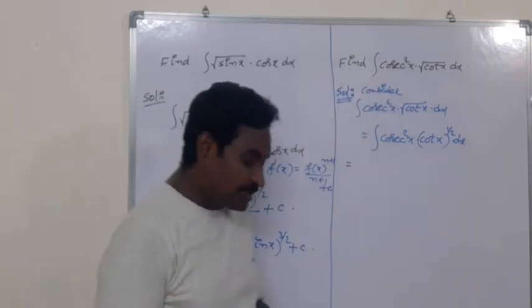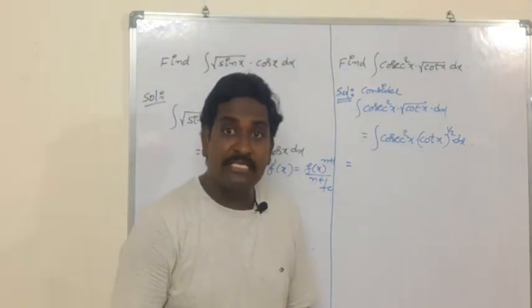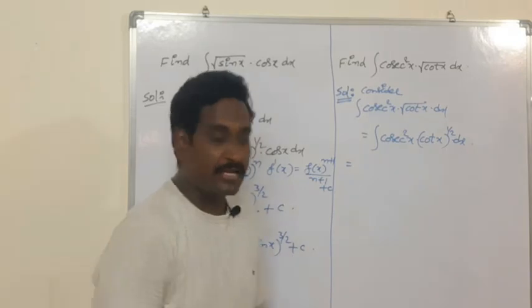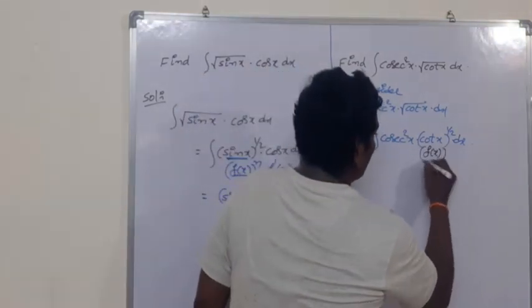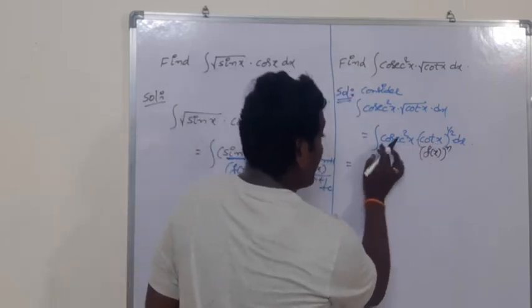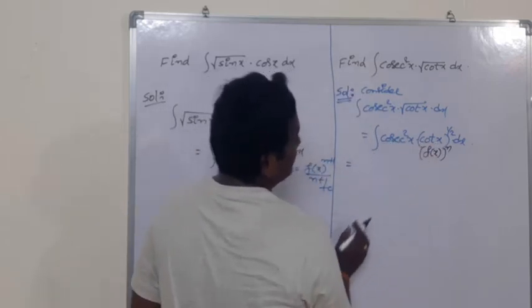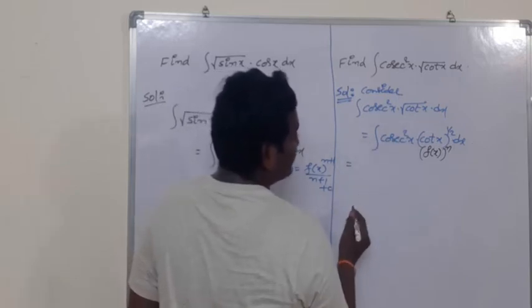So here we are observing that the derivative of cot x is minus cosecant square x. This is the f of x whole power n form. Of course, the derivative of cot x is minus cosecant square x, but there is only cosecant square x here.